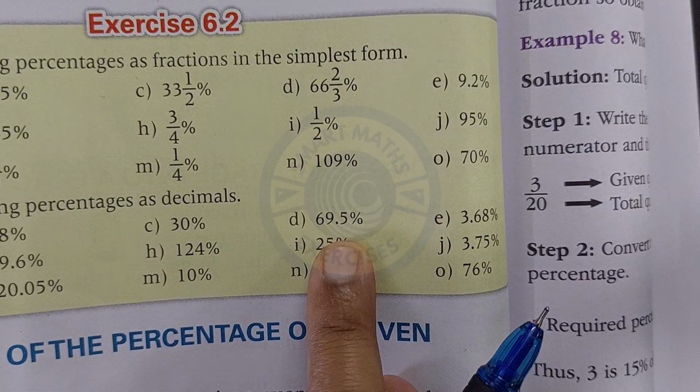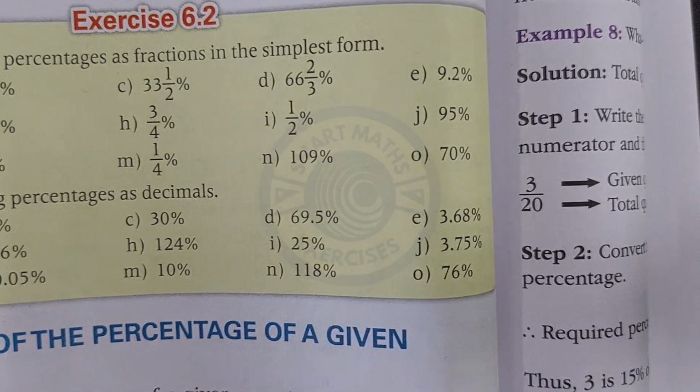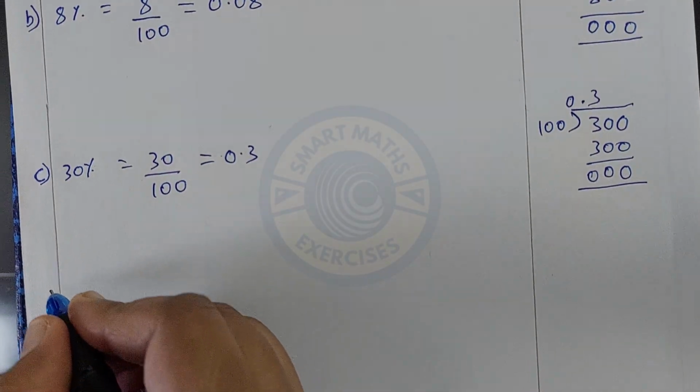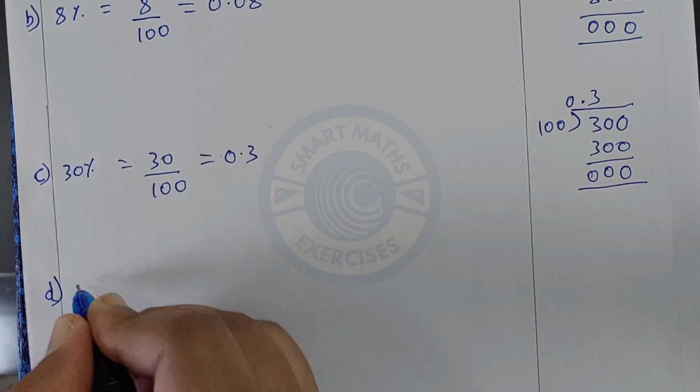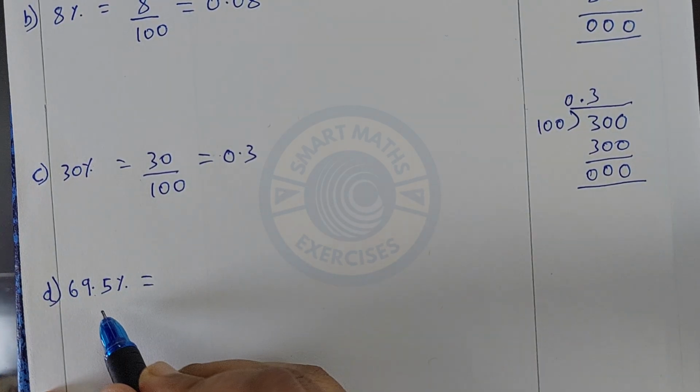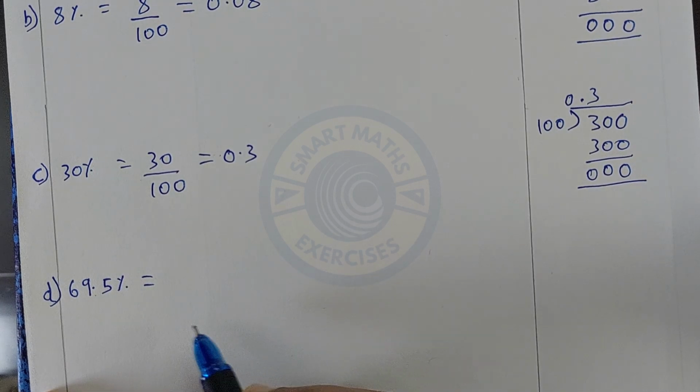Now next question, D, 69.5%. This number is a decimal number. We have to convert this into fraction.